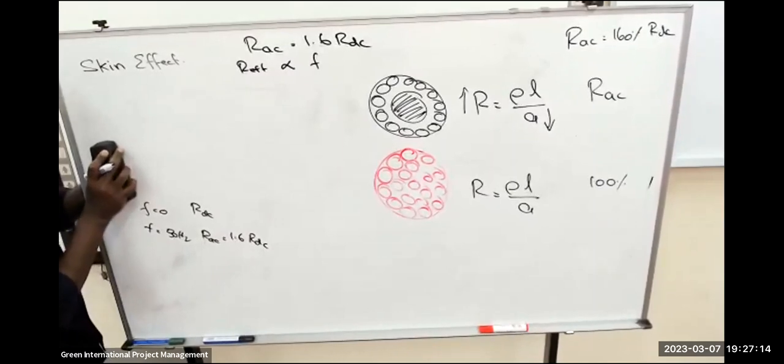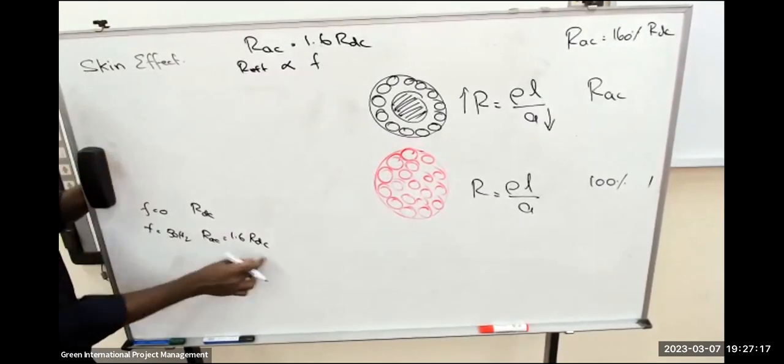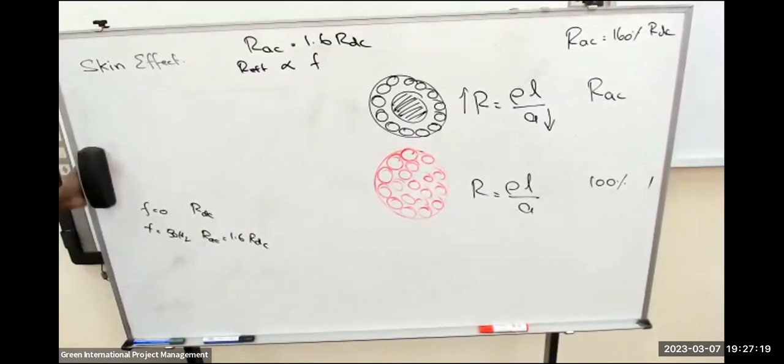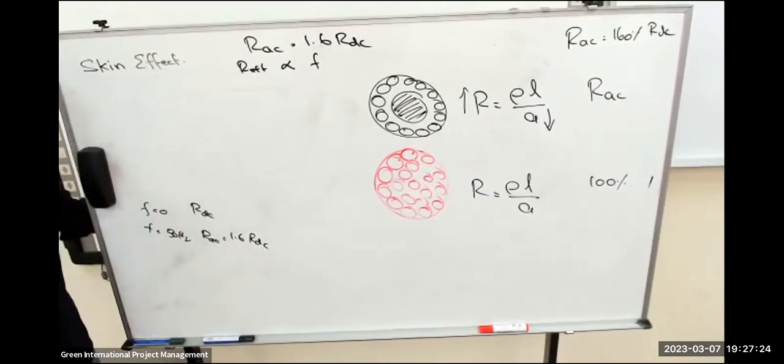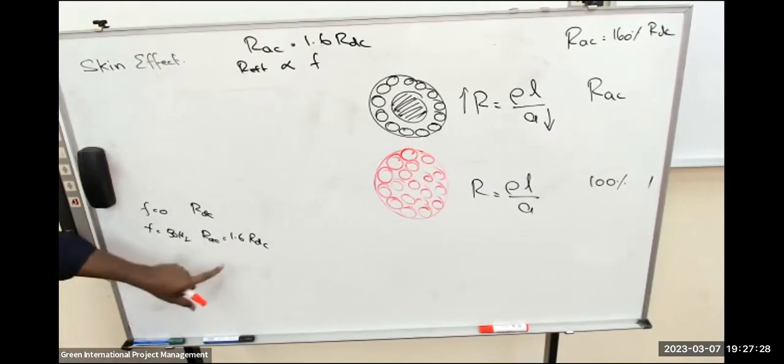R AC is equal to 1.6 times R DC only when the frequency is 50 Hz. This 1.6 is exclusively for 50 Hz. As the frequency increases, the value increases.